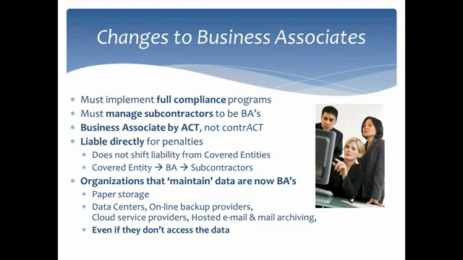They weren't different than the Postal Service moving a sealed envelope from one place to another because it never looked in there. The new rule changes that. It says that if you maintain data, you're now a business associate. There's been some discussion about the term access, the word access, that's also included in the rule.